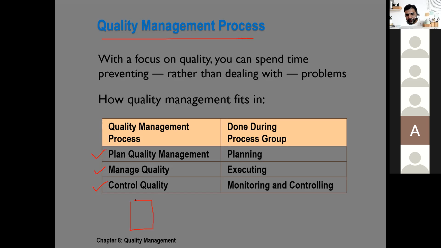The first stage is where we do the planning for quality. What standards we are going to use, what quality metrics we are going to use, what the quality requirements from the client and the organization are, who will be responsible for the quality activities, who will assure the quality, who will control the quality, how many activities are required to assure and control the quality.